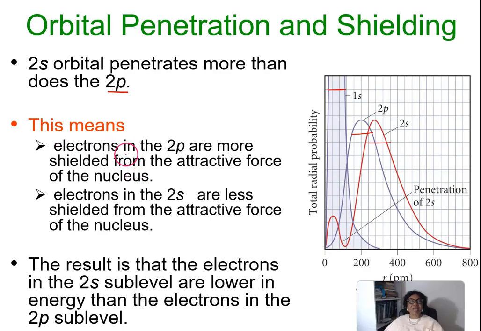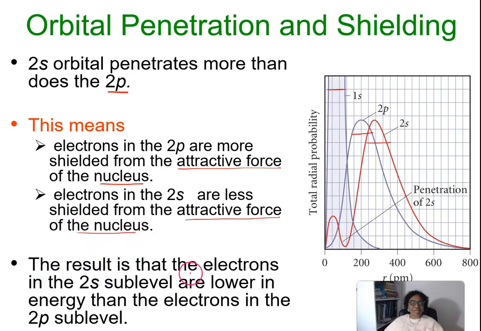This means electrons in the 2p are more shielded from the attractive force of the nucleus, the positive attractive force of the nucleus, because the protons are in the nucleus of the atom and they are positively charged. Meanwhile, the electrons are negatively charged. So electrons in the 2s are less shielded from the attractive force from the nucleus.